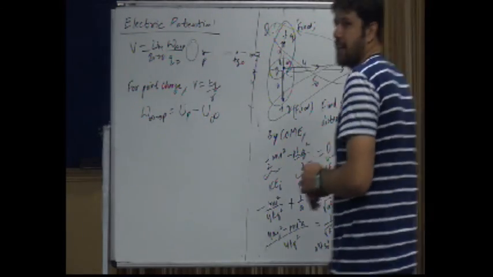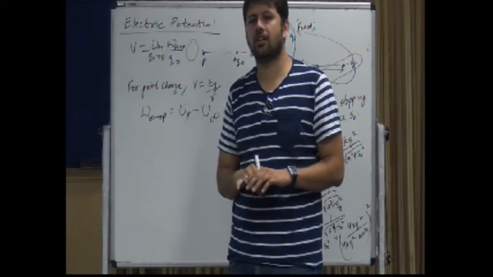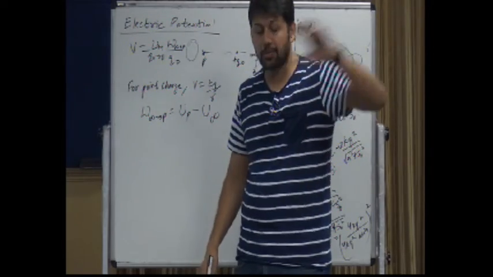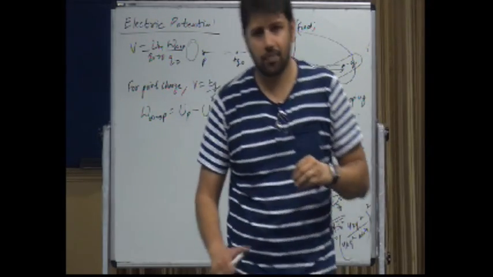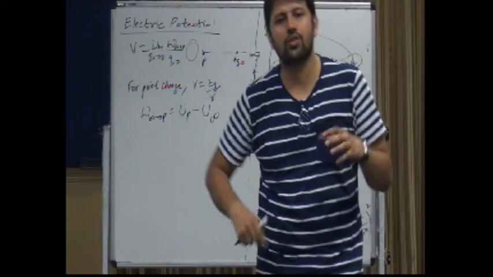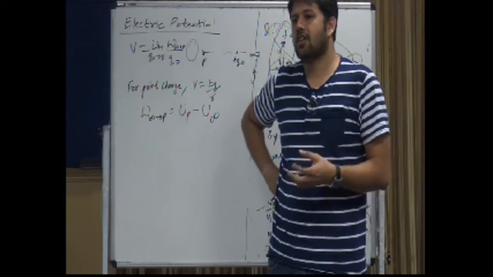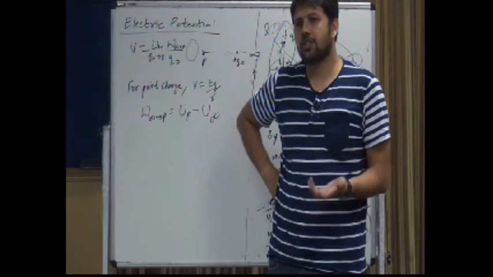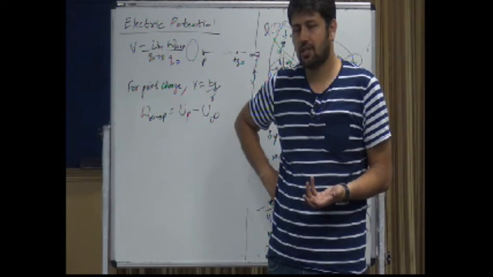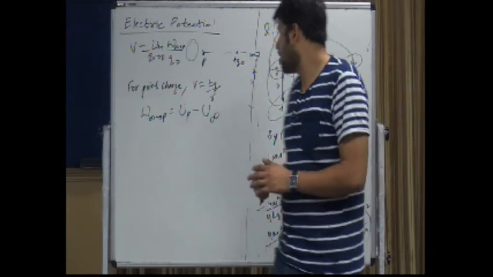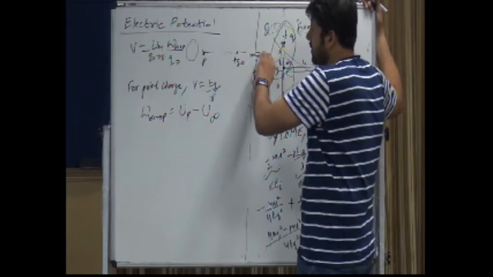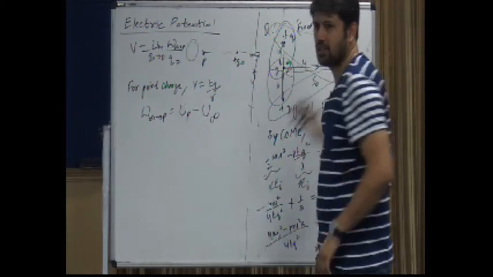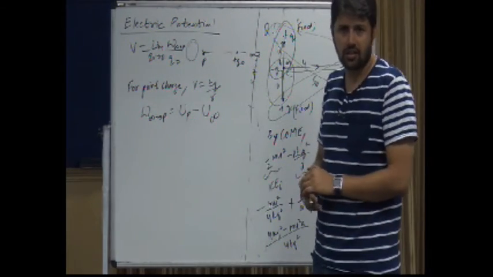That work done, not exactly, in potential energy. In potential energy, what you studied last year was that the work done by a conservative force is stored as potential energy. So the change in potential energy in this procedure is the work done that you are doing.